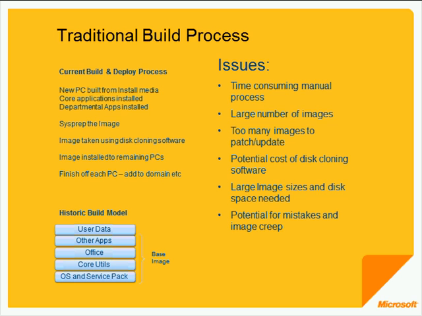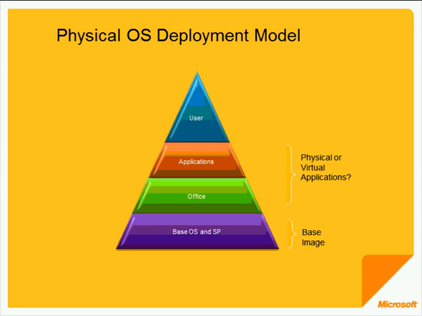There was also the image size, so all those 22 or however many images we had needed to be stored somewhere. And because this was an engineer sitting down initially in front of a PC and building it, quite often there'd be room for error, and things would start to creep into your build throughout that process.